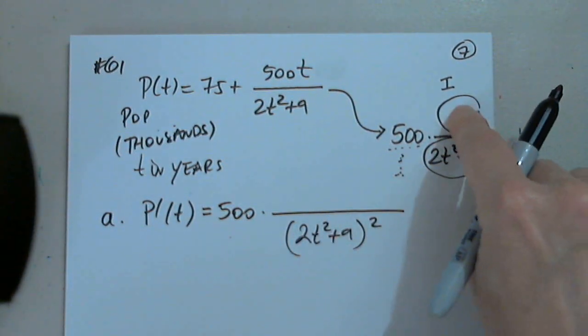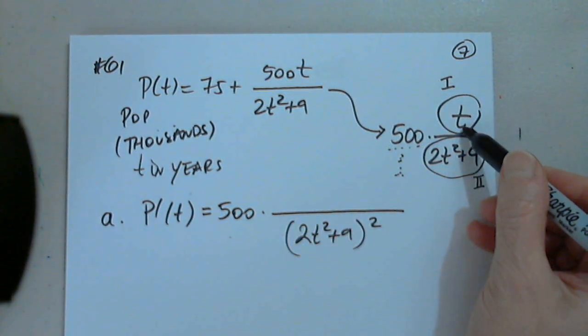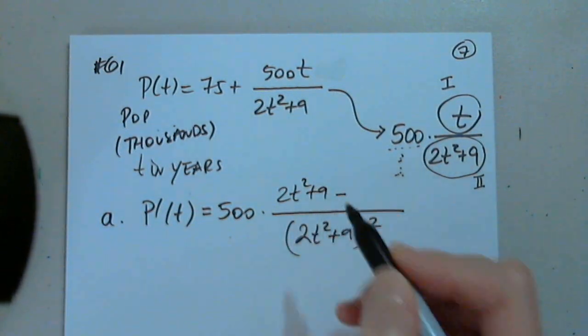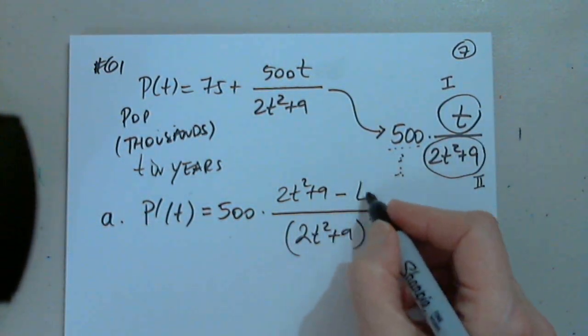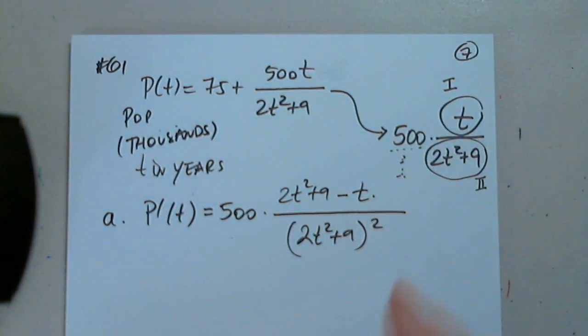Can anyone give us the numerator prime? Yes, so times the denominator. Awesome. Minus. I copy the numerator. Can anyone differentiate the denominator for us so I can put it here?